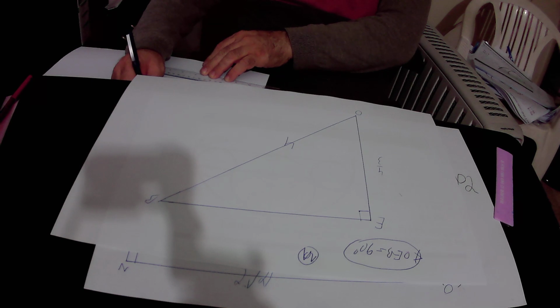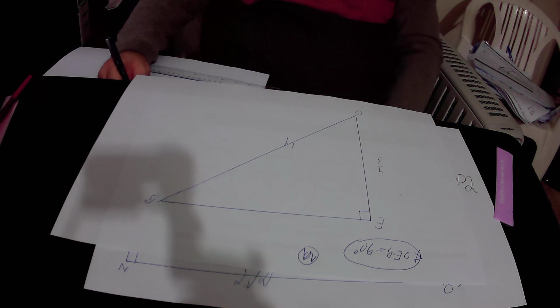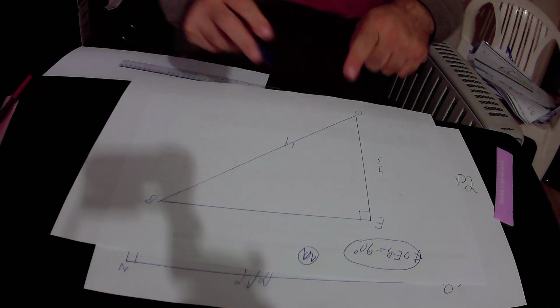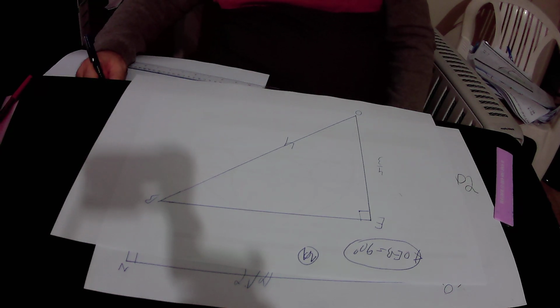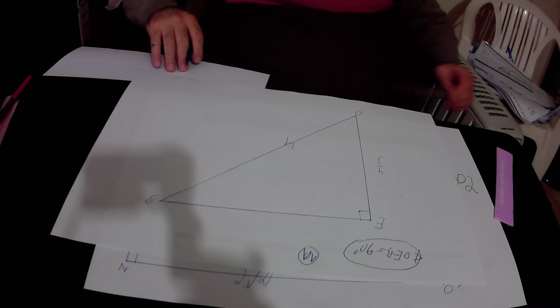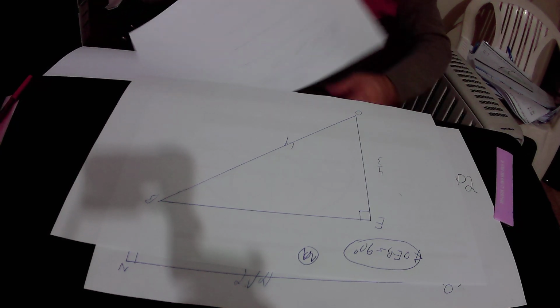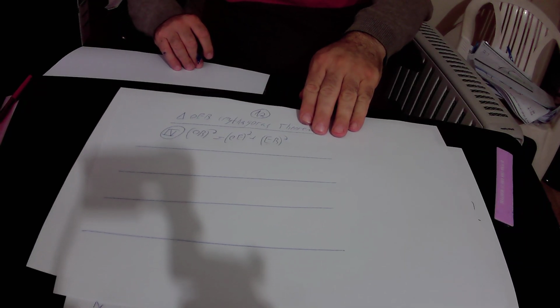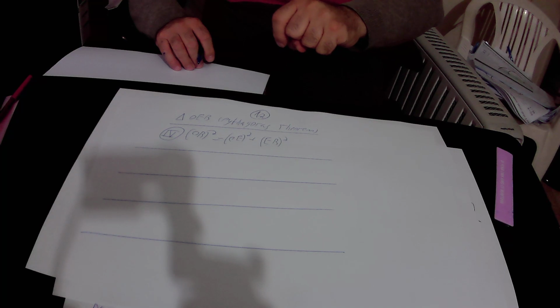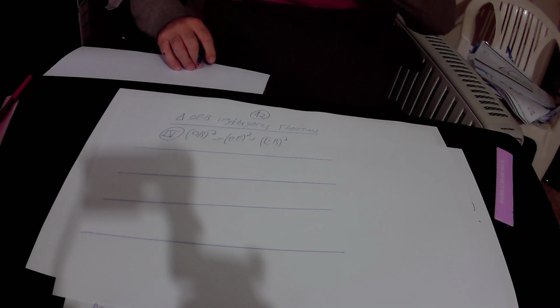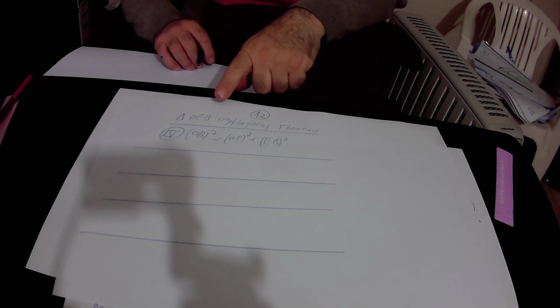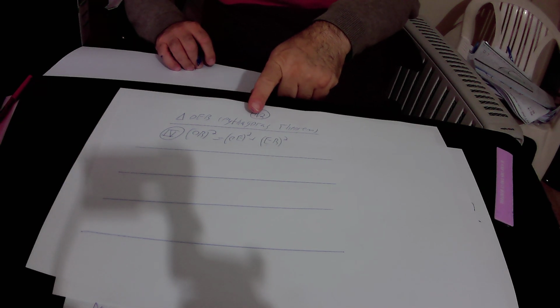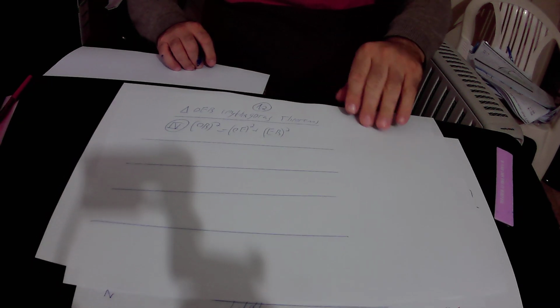That is to say, it equals OE square plus EB square. So I will repeat again. According to the Pythagoras theorem, in the right triangle OEB, OB square equals OE square plus EB square.